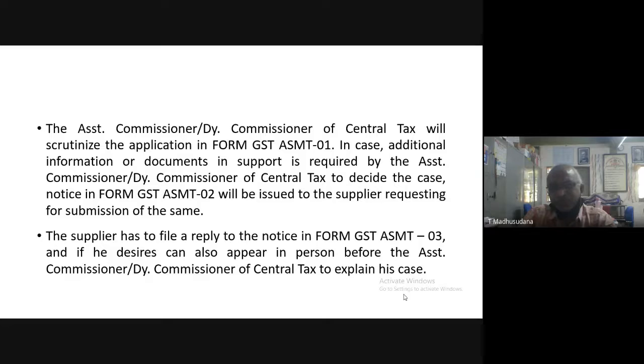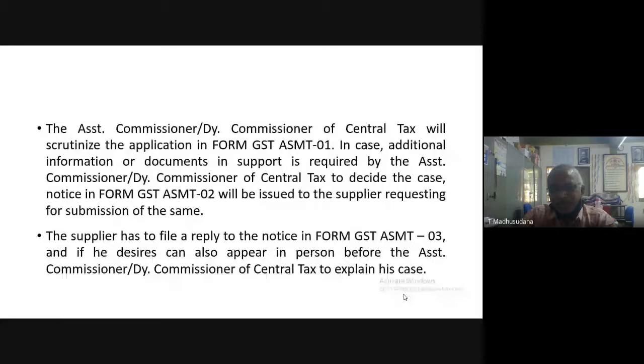This form will be a notice submitted to the supplier, and he is requested to submit more information so as to decide the provisional tax liability of the supplier. Okay.